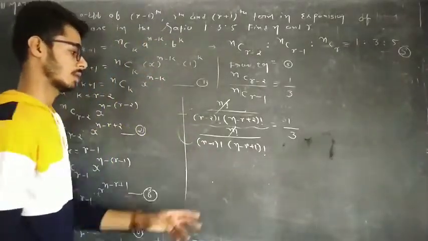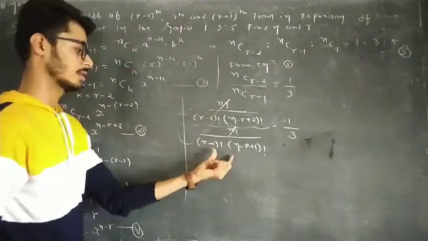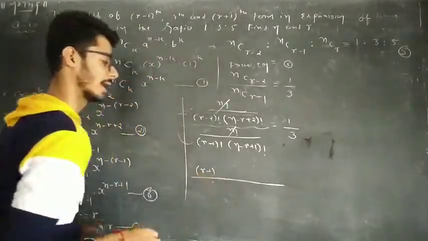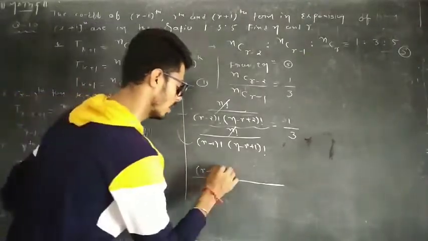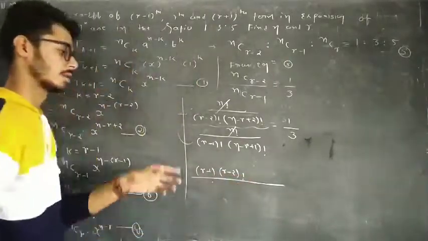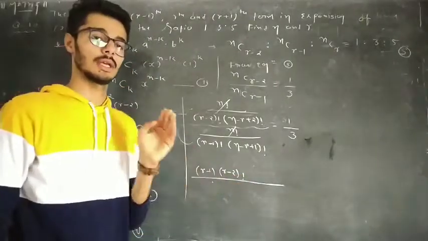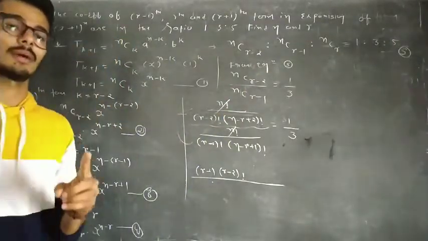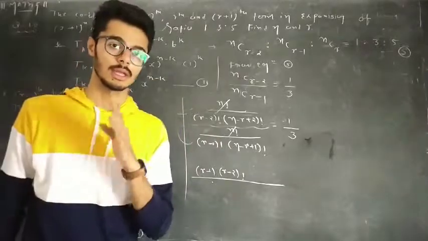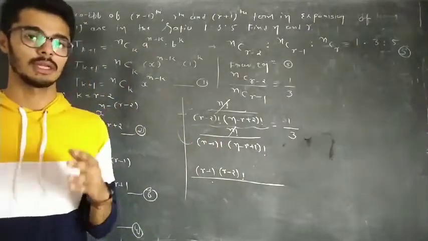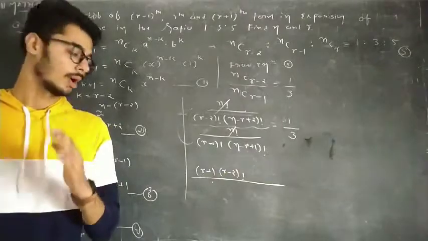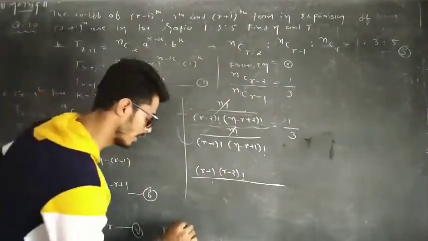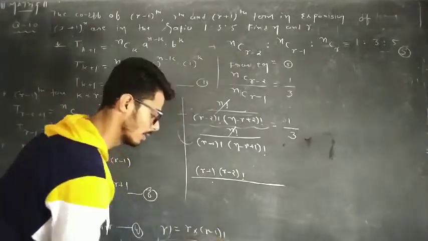Here (r minus 1) factorial, because n factorial means n into n minus 1, n minus 2 and so on, so r factorial is r into (r minus 1) factorial.